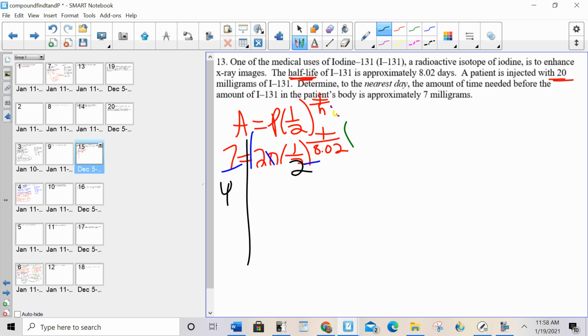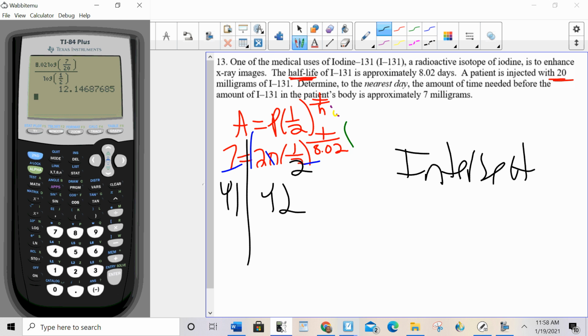and we do y1, y2 intersect. This was a Regents question, by the way. We'll take a look back in just a moment. So y1 is 7, y2 is 20.